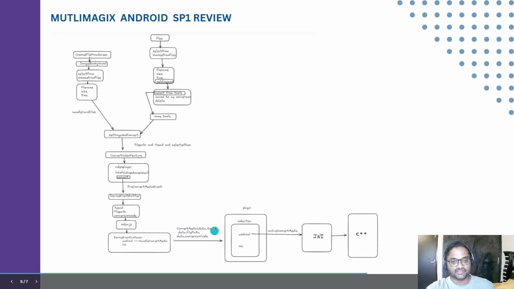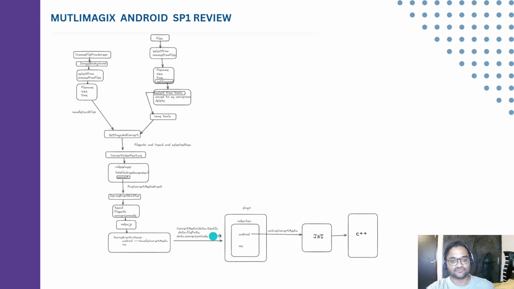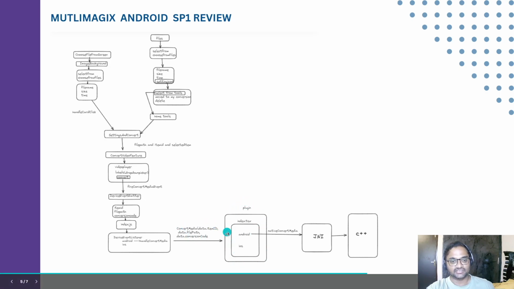This convert media is nothing but a function coming from the native plugin. From this native plugin we are calling native convert media, and this native convert media goes to the JNI layer, and inside the JNI layer you will be calling all the C++ functions, and it will talk to the backend code.